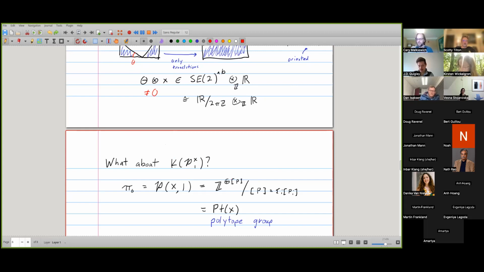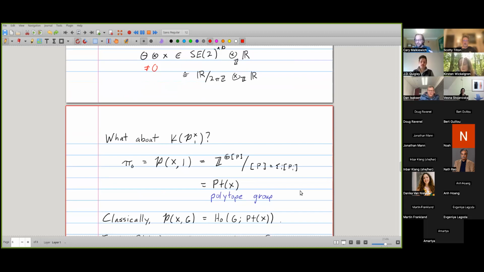This is the free abelian group on polytopes, but modulo cutting a polytope up into pieces, so that P is equal to the sum of those pieces. You can describe this as measures on the geometry that are generated by indicator functions for polytopes. Because if I cut this one up into pieces, then as a measure, these are still describing the same measure.